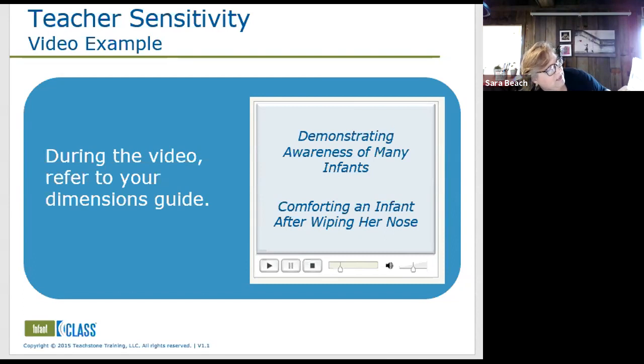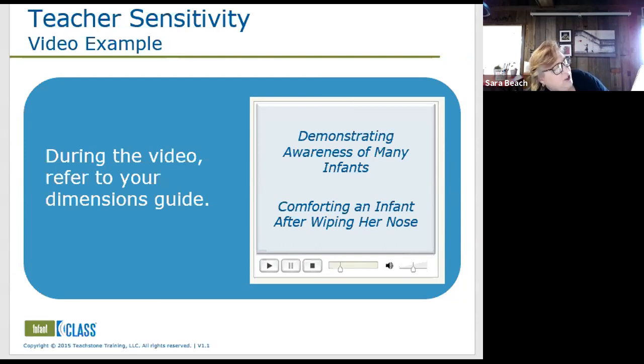Did she respond to them consistently? And it also says, did she adjust her actions based on the individual needs of the babies? So when different babies, different needs came up, did she adjust her responses? With the description on the high level, which is again the best description of what we'd be looking for, it says teachers respond to infants' needs in a timely manner.